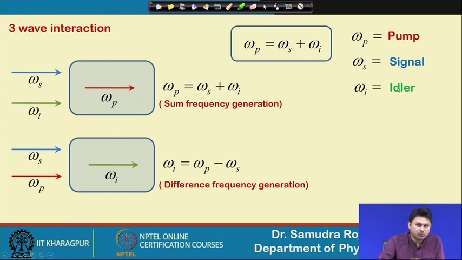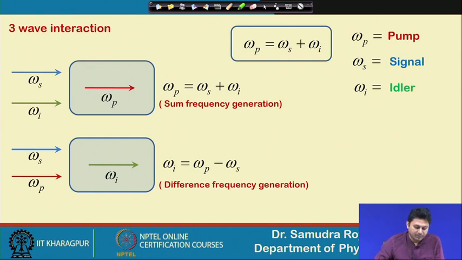In the input we will always incident the signal. If with the signal we incident some kind of idler, and if omega p is equal to omega s plus omega I is valid, then we can generate a pump wave omega p, which is sum frequency generation. It is the same thing we were doing, but we just change the names so that we can understand the process more clearly.